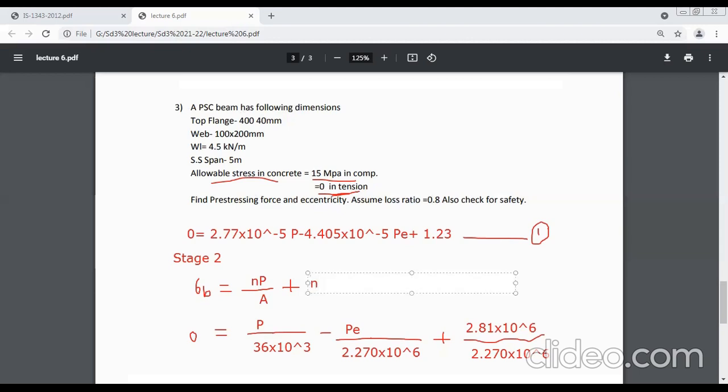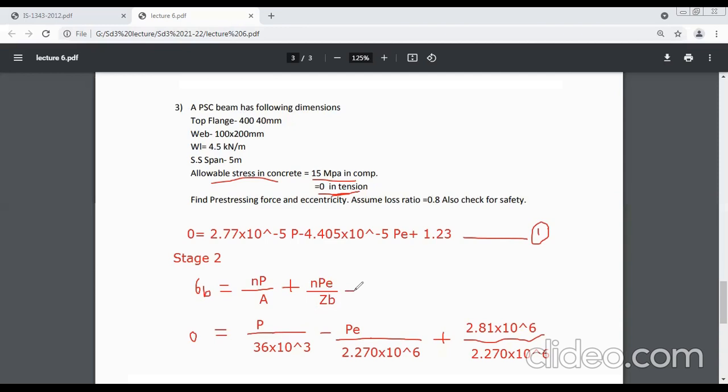again N P into E divided by ZB, the section modulus at the bottom, then minus.